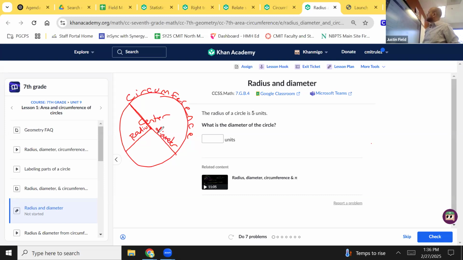All right, diameter. Then we have another segment in the circle that goes from one part of the circle to the other, a straight line, and it doesn't pass through the center. That's called a chord. And so that's a chord.